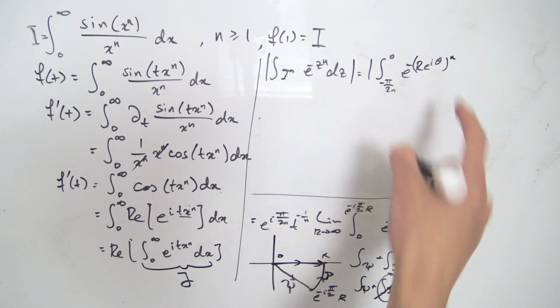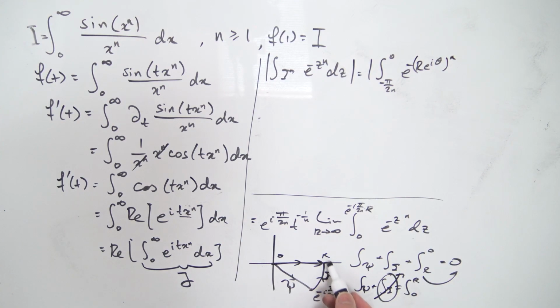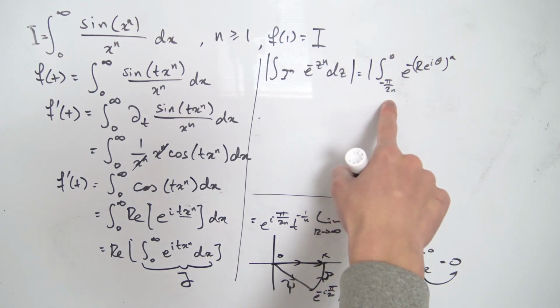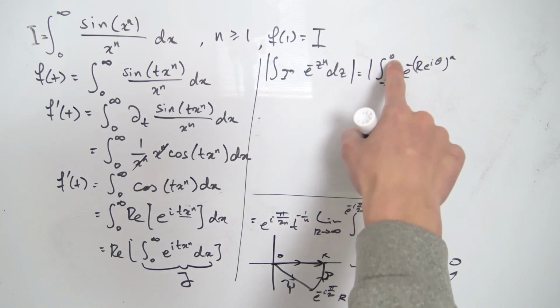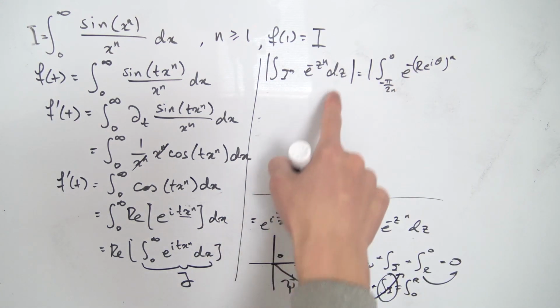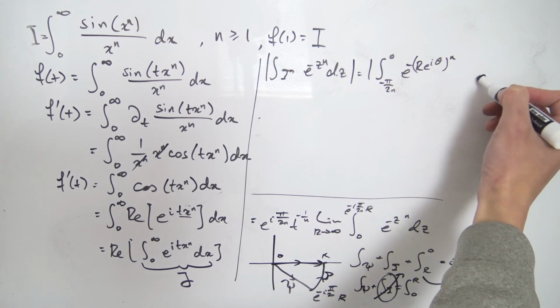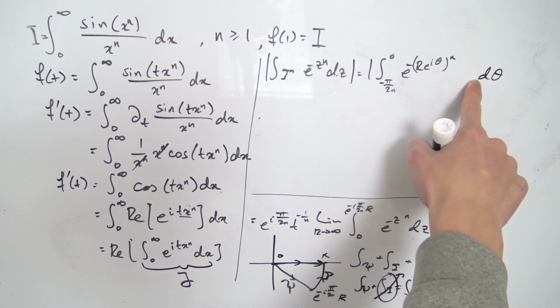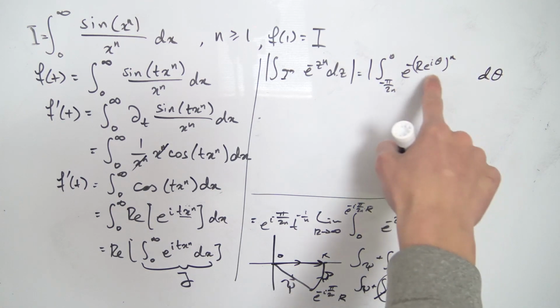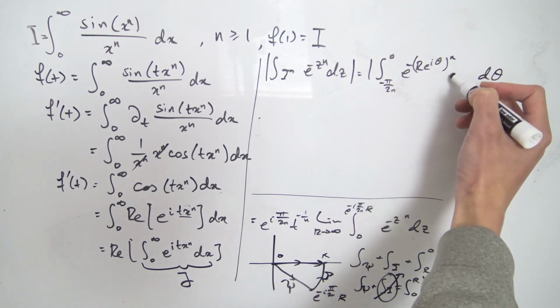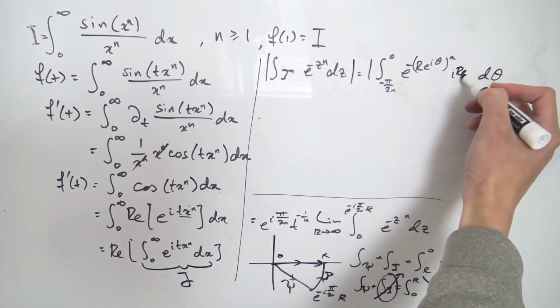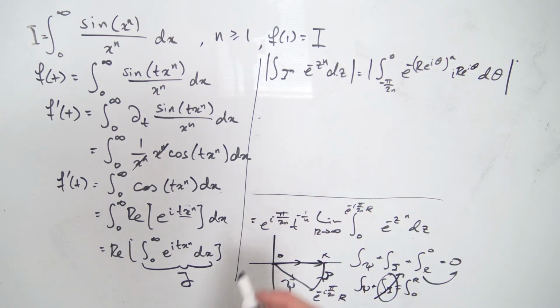So r times e to the i theta just gives us the set of points along this arc of radius r, and our theta is going from minus pi over 2n to 0, of course. And when you parameterize this dz right here, you get d theta, but you also get some kind of multiple out the front, and that's just the derivative of this parameterization right here, which is i times r times e to the i theta.